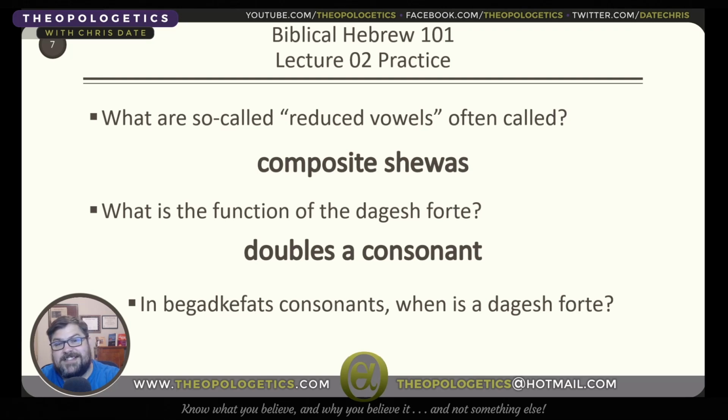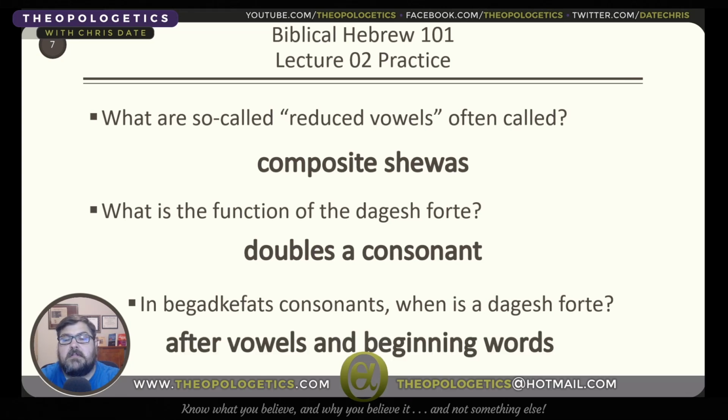I just said that in the second lecture I taught you how to tell whether a dagesh in a begadkefat consonant is a dagesh lena or a dagesh forte. So in begadkefat consonants, when is a dagesh a forte? After vowels and at the beginning of words.